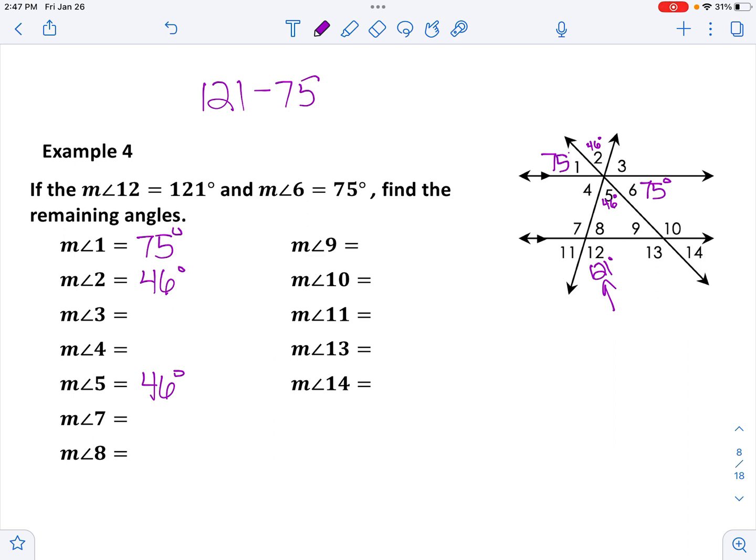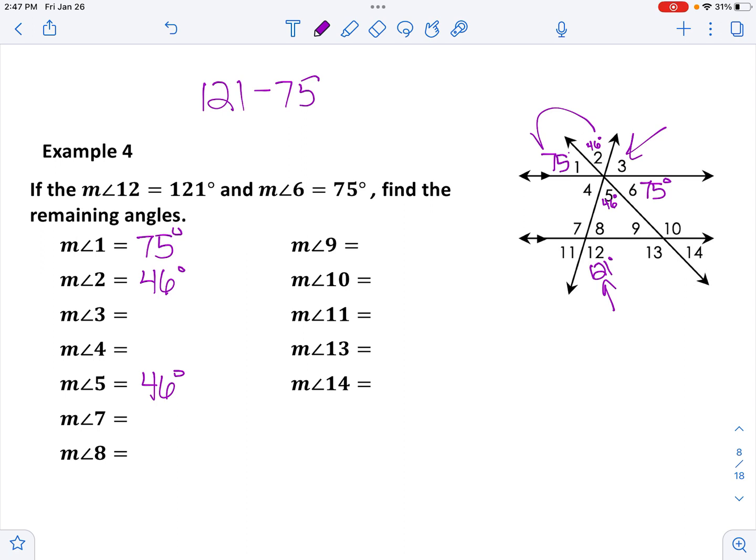And now we got to figure out what this is. So one of the ways to do that is to say, well, I know that 75 plus 46 gives me 121. And so what do I have left over?